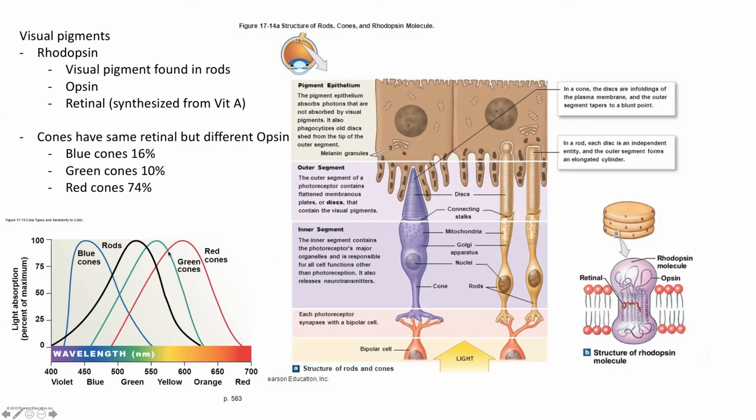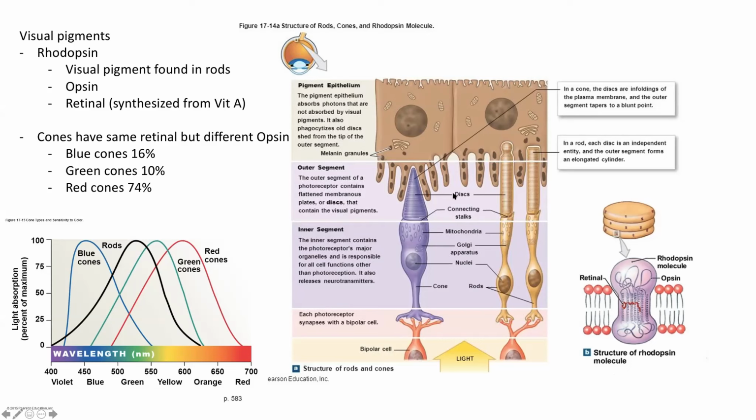But then when you start to have green cones absorbing some of the light, you start to shift the color, and it starts to blend together based on how much of each cone you are stimulating. There are a lot more red cones than the blue and green. And then the black line here is the rod, if the rods are stimulated.